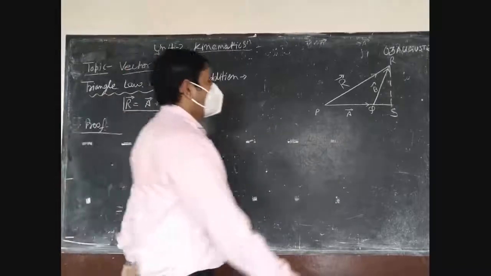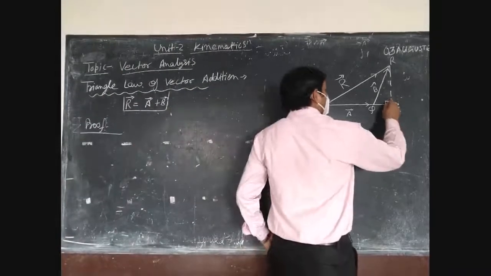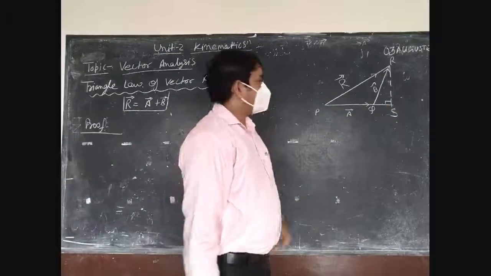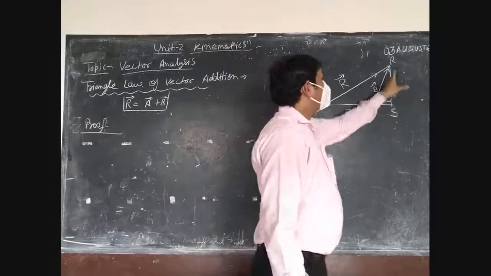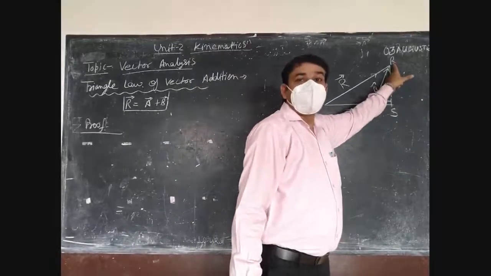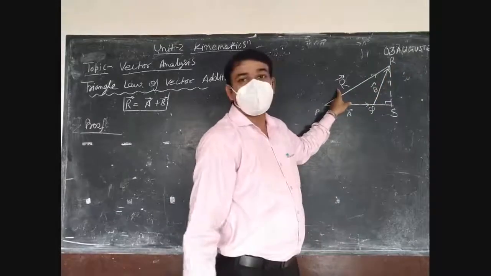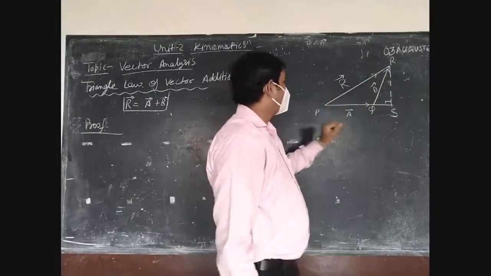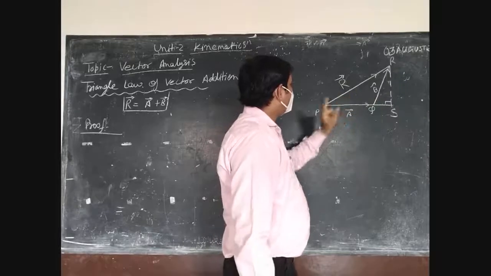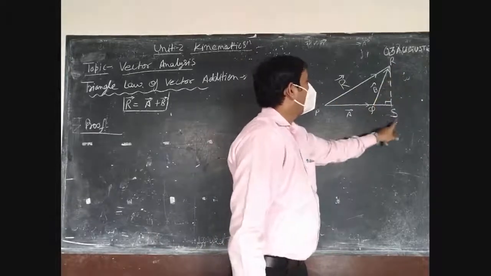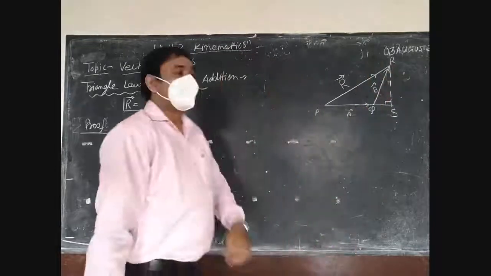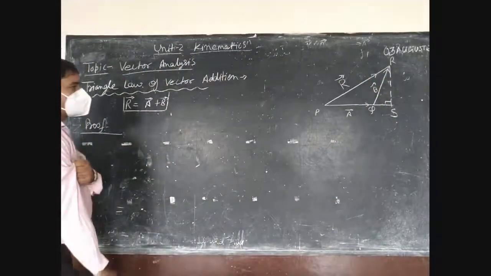Okay, therefore you have two triangles here. The first triangle is PQR, and for proving this result we have constructed a right angle triangle, and we have two new triangles, one is PSR and the other QSR. Okay, now from the figure we understand some things.